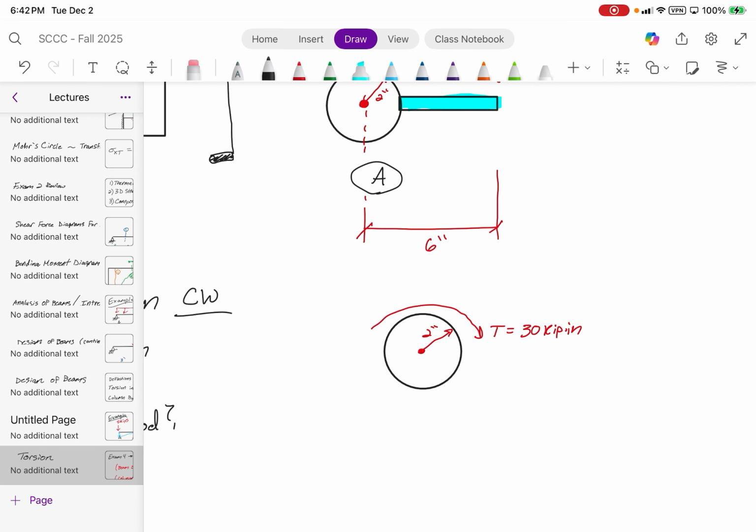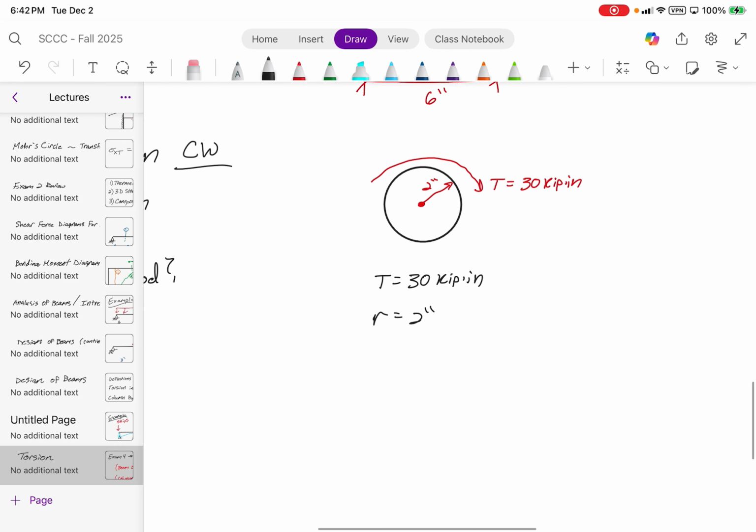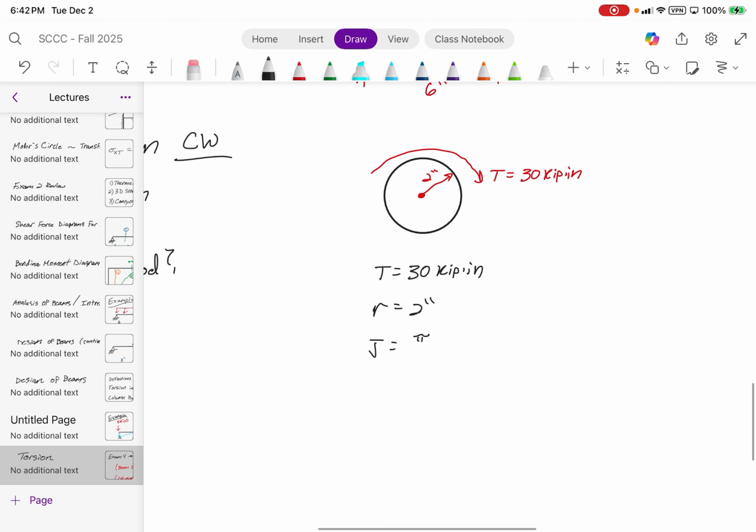So, what we need to do is set T equal to that 30 kip inches. The radius is going to be that 2 inches, and then J is pi over 2 times 2 inches to the power of 4, which what did we get for that? 25.13, yes.